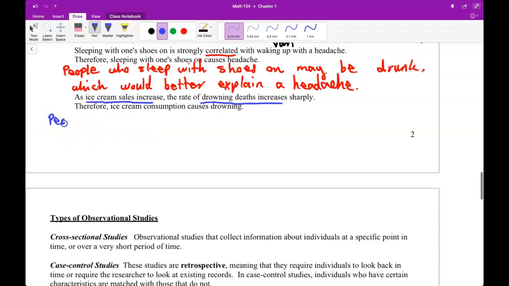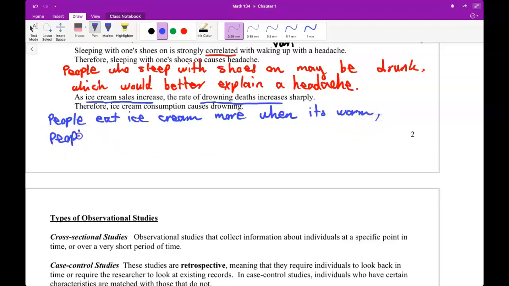People eat ice cream more when it's warm. And people also swim more when it's warm.